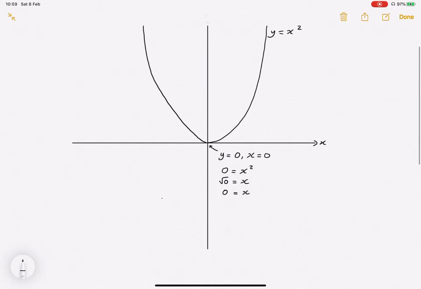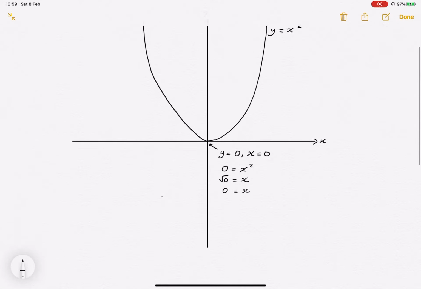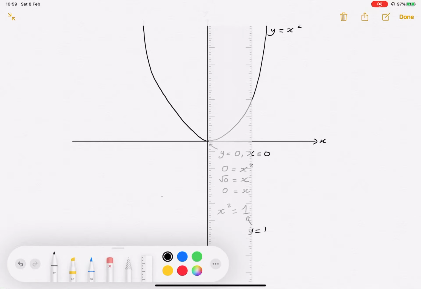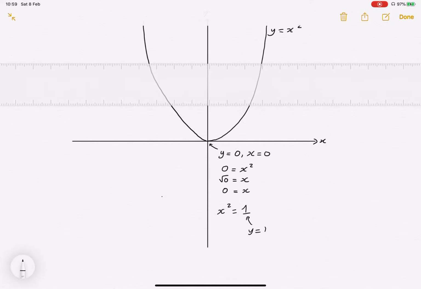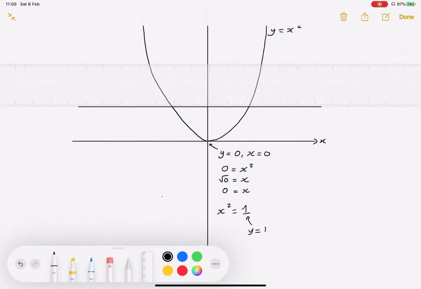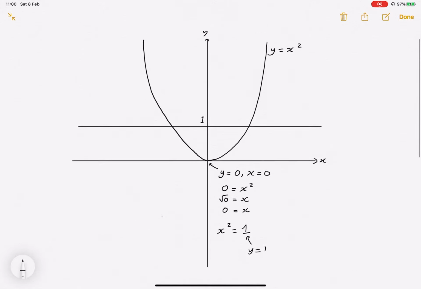Now, what about where x squared equals 1? Well, here is where y equals 1. And hopefully you can all remember roughly that y equals 1 is a line which just goes along like that and goes through the point 1 on the y-axis.